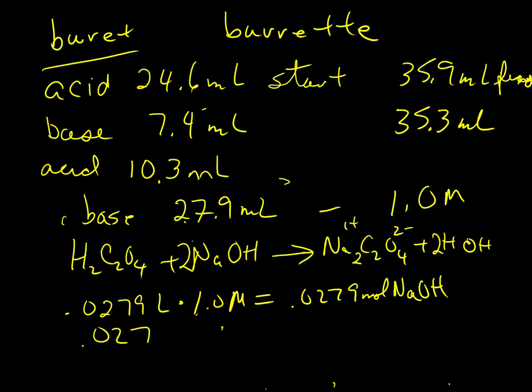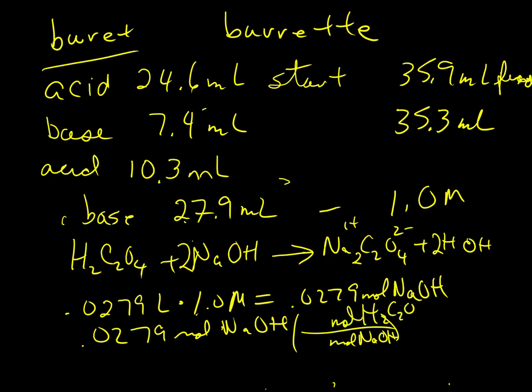I can get rid of moles of NaOH, change it to moles of H2C2O4, and that is 1 and 2 out of my balanced equation. So 0.0279 divided by 2 is 0.0140 moles. And I divide that by the 0.0103 liters of my acid.